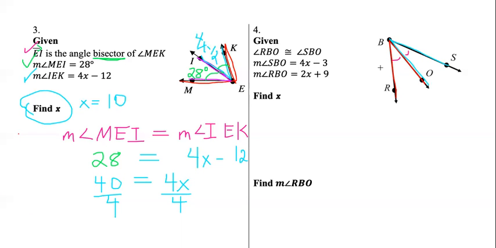That helps us with the picture, but we also need to write something down. What does that mean mathematically? If they are congruent, that means their measures are equal. So I'm going to do the same thing I did in example 3. I'm going to put the measure of angle RBO is equal to the measure of angle SBO.